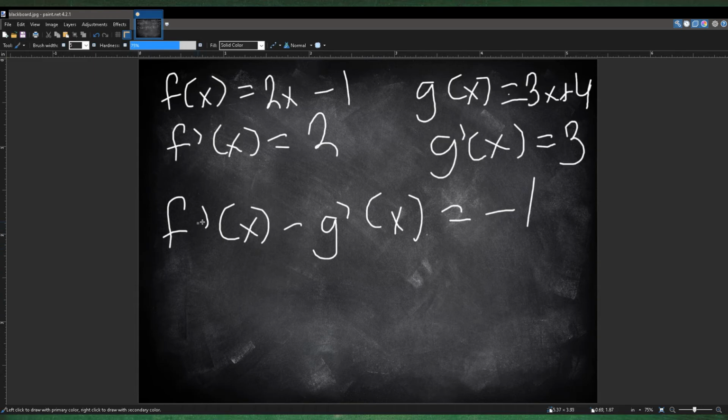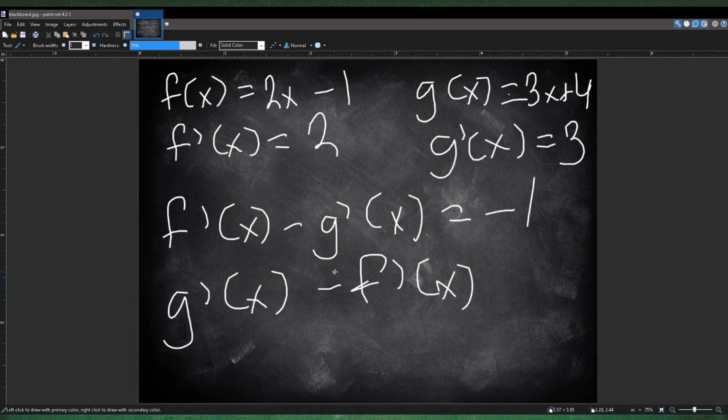Don't forget to know which side it is, because the derivative of g minus the derivative of f is not the same thing as the derivative of f minus the derivative of g. So you have to follow those basic arithmetic ideas. So now it will be 3 minus 2, because the derivative of g of x is 3 and the derivative of f of x is 2, so 3 minus 2 is 1. So this top part is negative 1, and this is 1. Self-explanatory how this works.